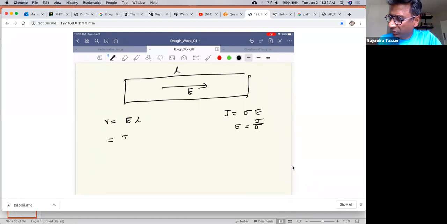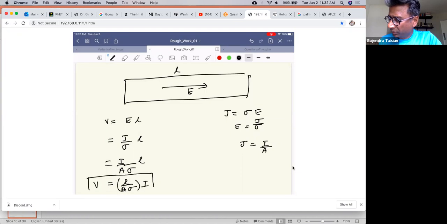Now J is I over area. So you have I over area sigma, times L. So this is L over A sigma times I. L is the length.